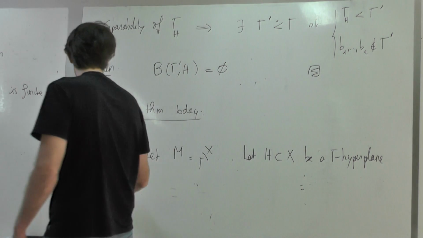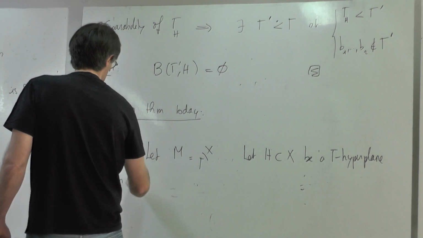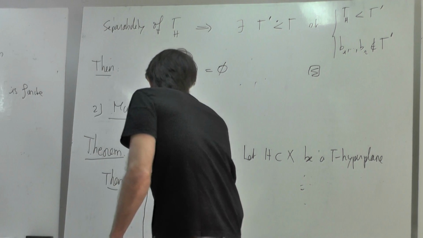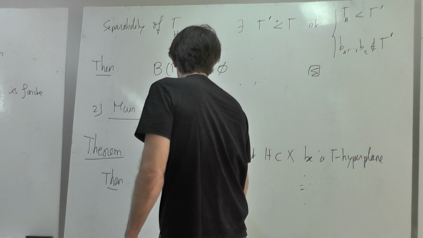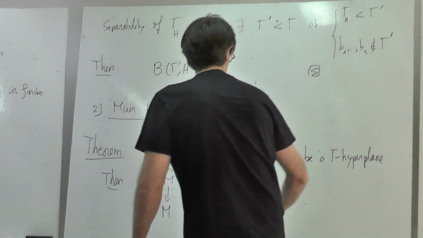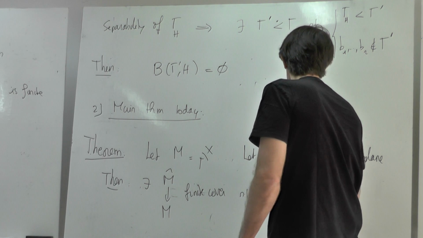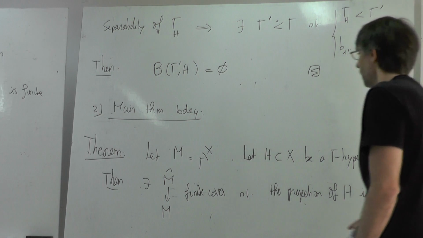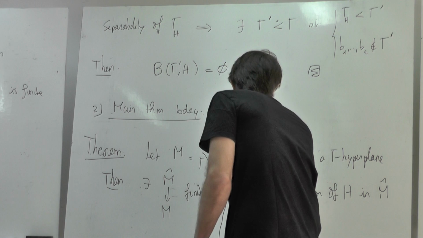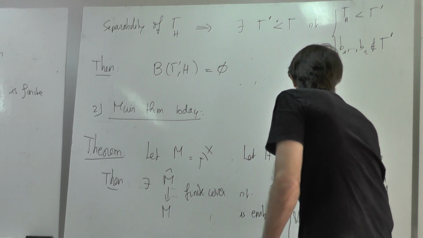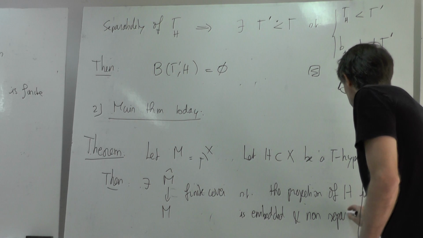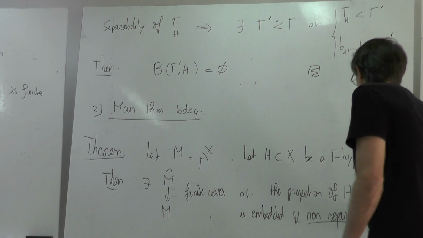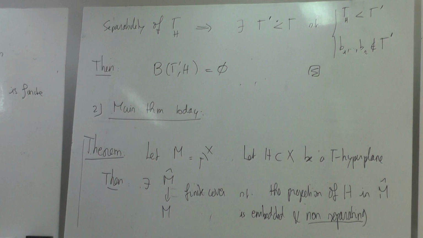Then there exists, so it's not the same, but there exists a finite cover M hat such that the projection of H in M hat is embedded, so this we know, and non-separating. This we want to prove. So non-separating means that if you cut along this embedded submanifold, then you end up with a connected manifold.